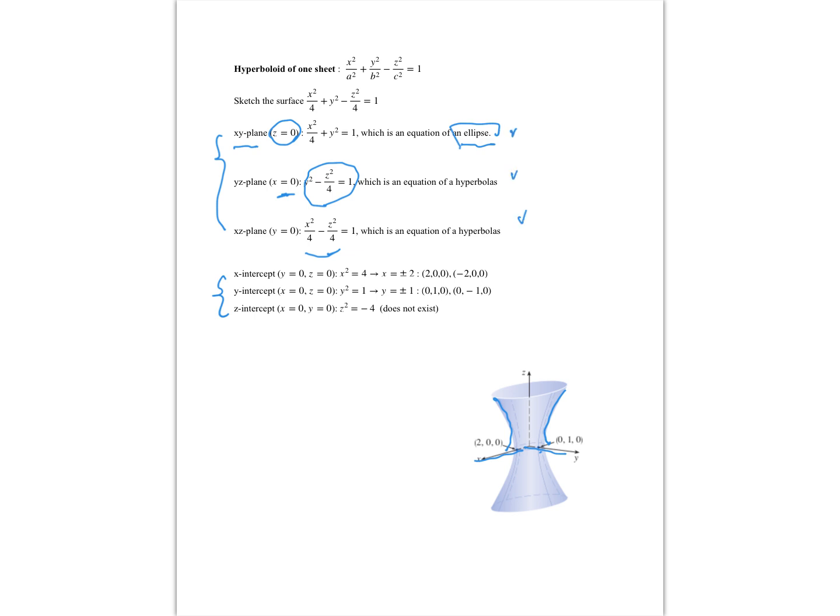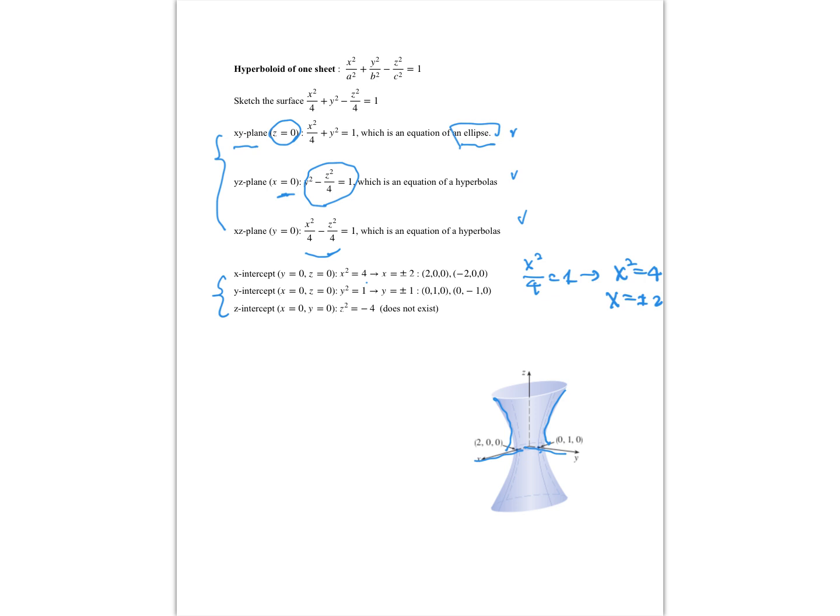Then you're going to find the x-intercept, y-intercept, and z-intercept. For the x-intercept, y equals 0 and z equals 0, so x squared over 4 equals 1, x squared is 4, and x is positive or negative 2. That's the first one.